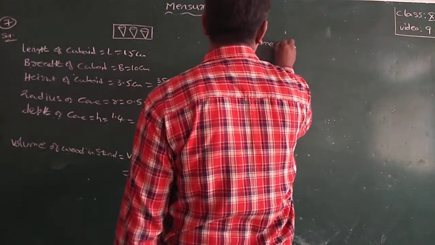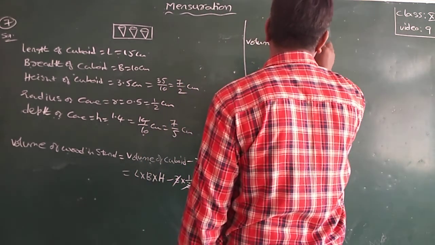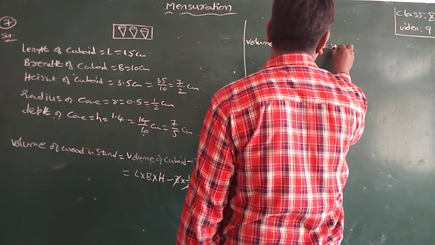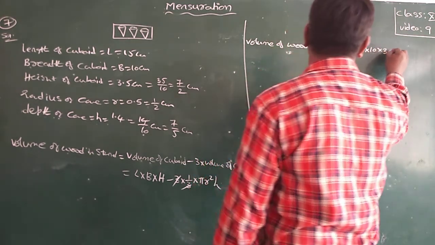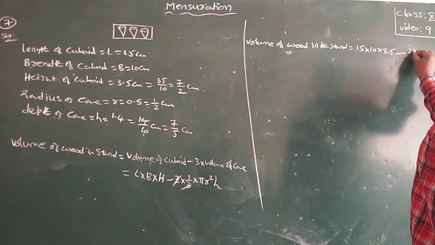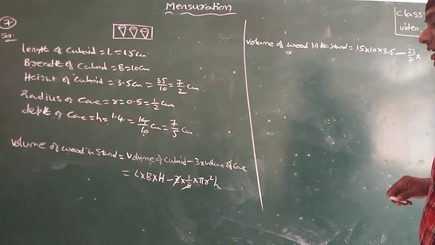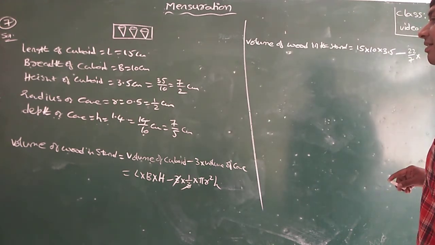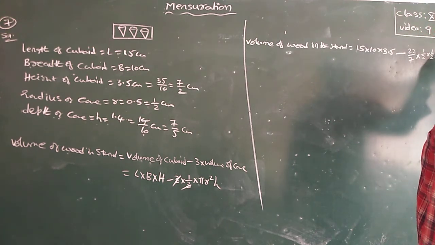Volume of wood in the stand is 15 into 10 into 3.5 minus 22 by 7 into R square, means 1 by 2 into 1 by 2 into 7 by 5.